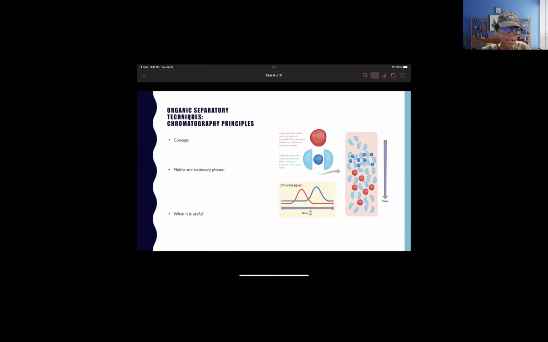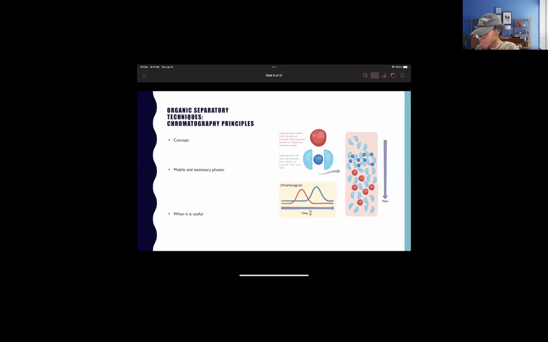And you can also reverse this. In reverse phase chromatography, you have a nonpolar stationary phase and a polar mobile phase. In typical chromatography, you have a polar stationary phase and a nonpolar mobile phase.